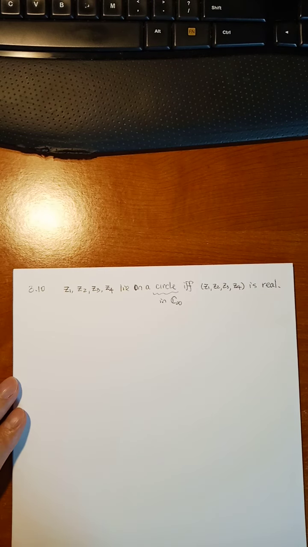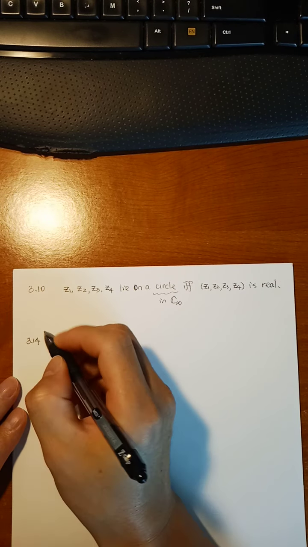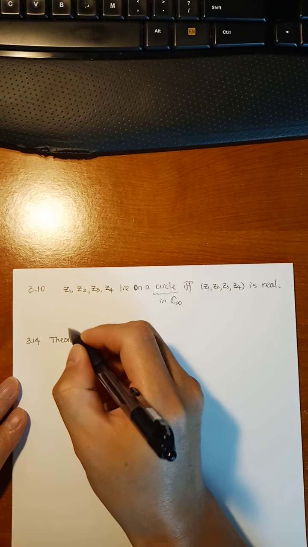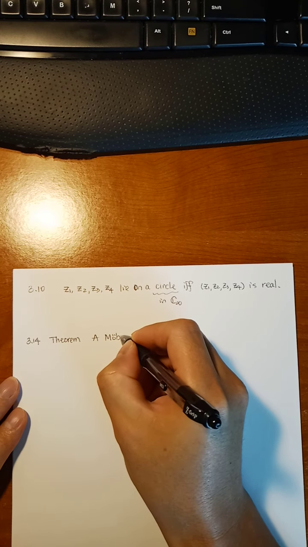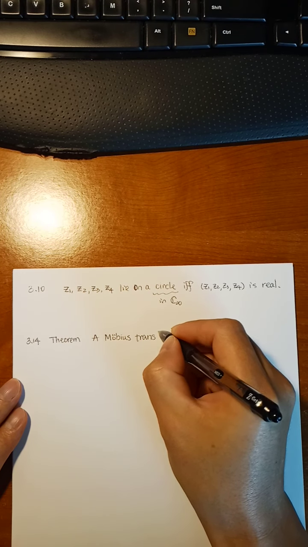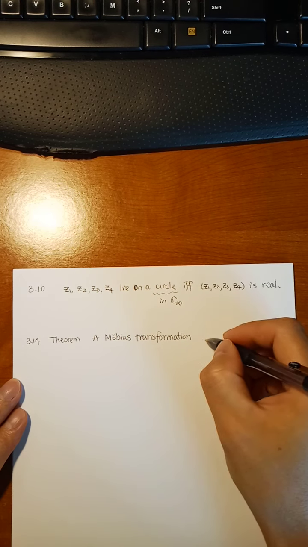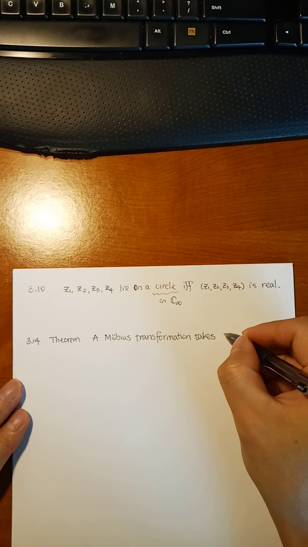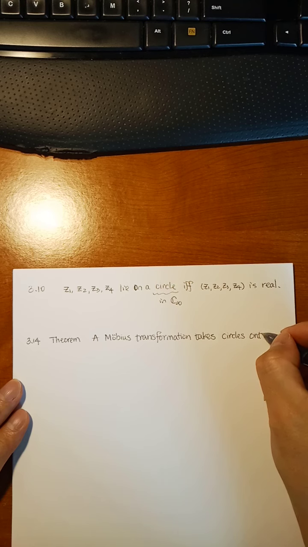Okay, so now let's continue this line and give the next theorem. It says a Mobius transformation takes circles onto circles.